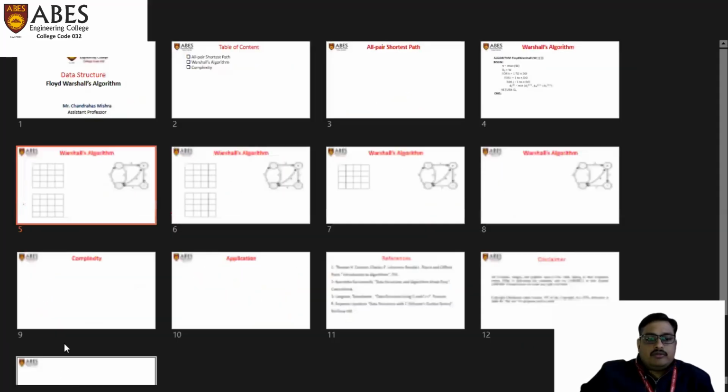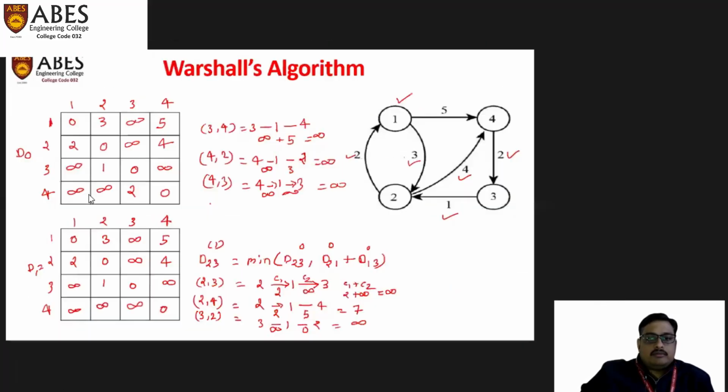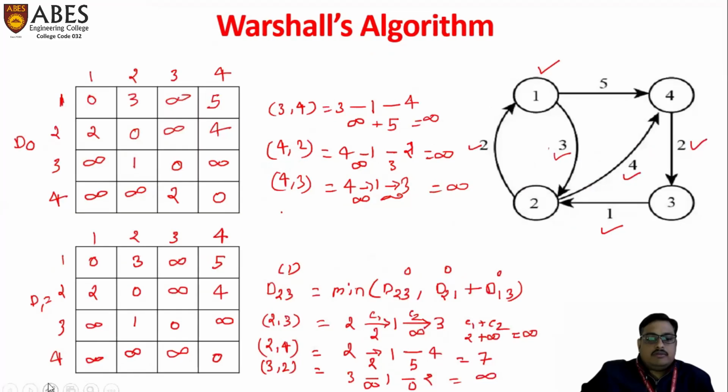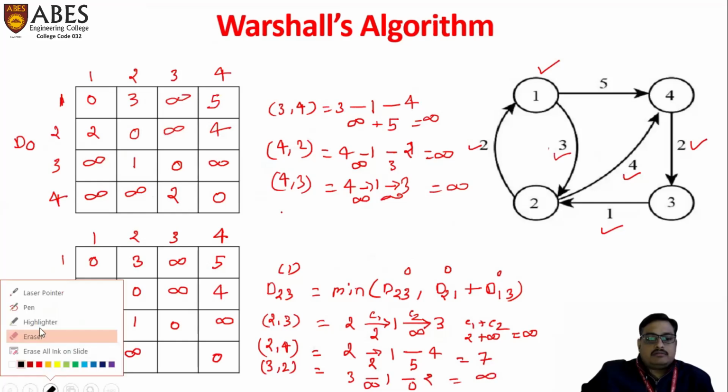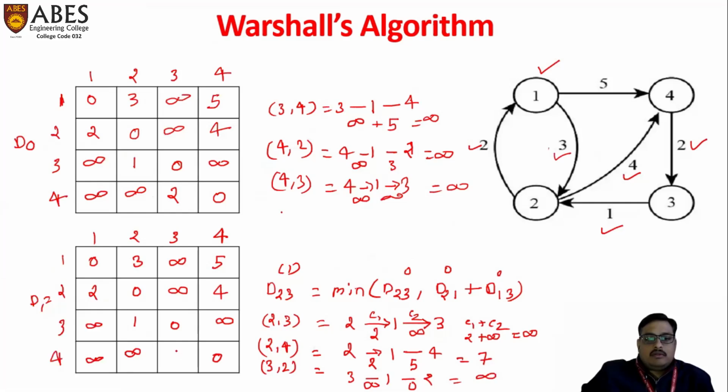So here we'll write 2, because we already have 4 3 as 2 here. Okay. So after this, we have D1. Now come to D2. It means we are making 2 as the intermediate node.